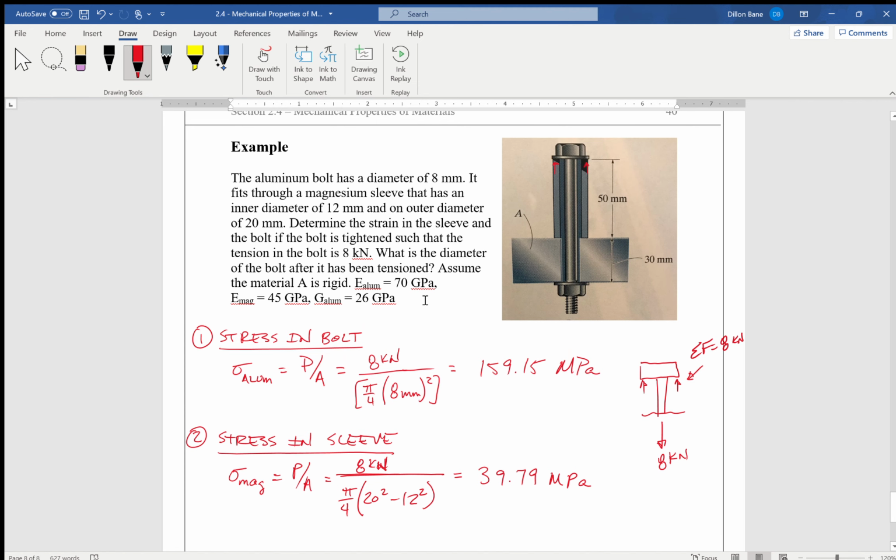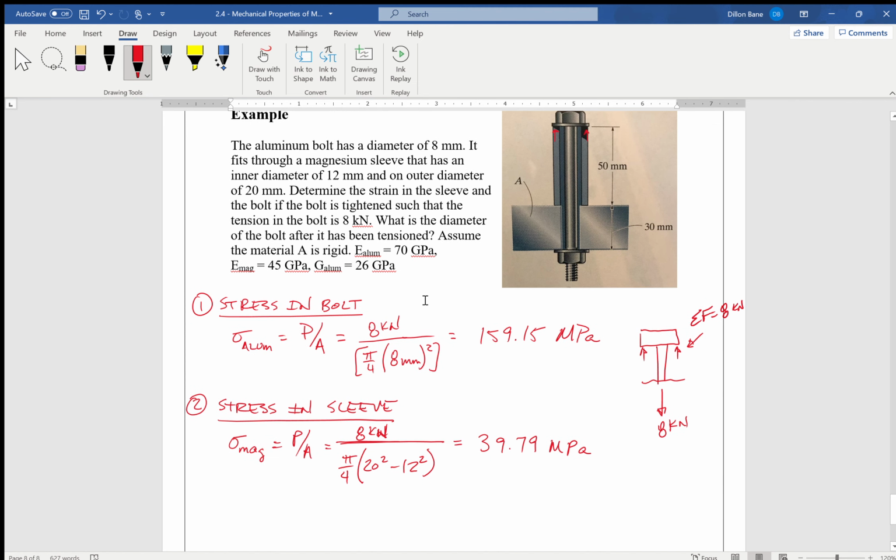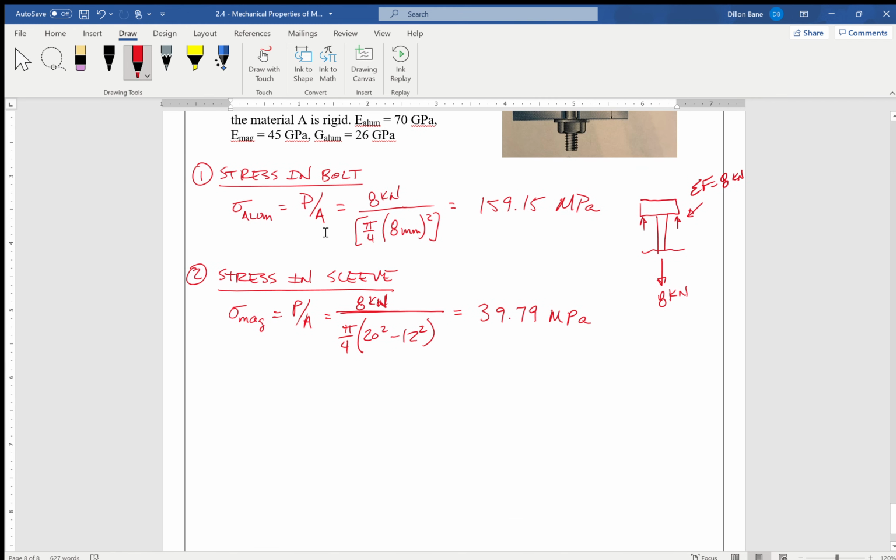So at this point, we have what we need for the first part of the question, which is to determine the strain in the sleeve and the strain in the bolt, because we now have the stress in the bolt and the stress in the sleeve, and we know E of the bolt and E of the sleeve. So just apply Hooke's law to get the strains in each of the bolt and sleeve.